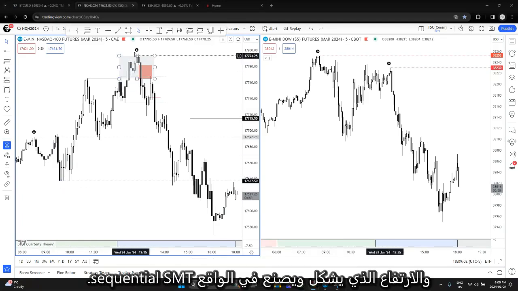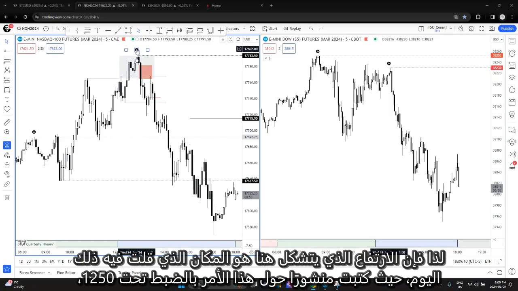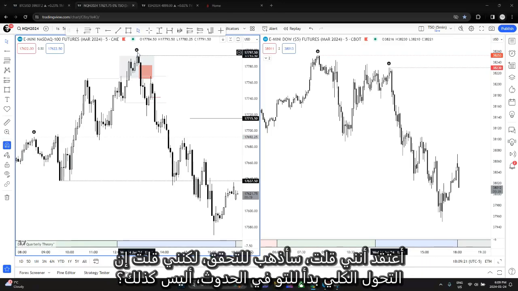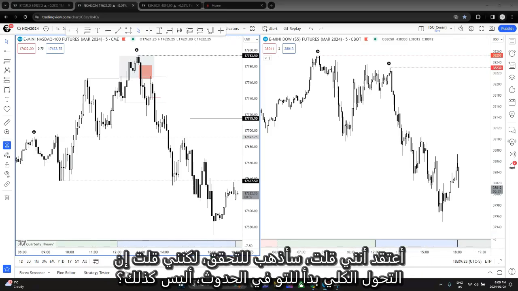And the high which forms and actually makes the sequential SMT, the high which forms right here, this is where today I made a post on this exact candle, 1250. I believe I said, I'll go check back, I said macro shift just waiting to happen, right?